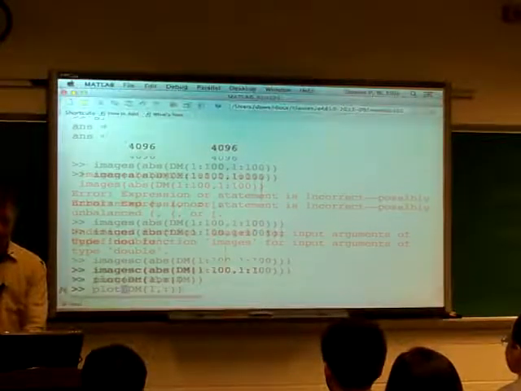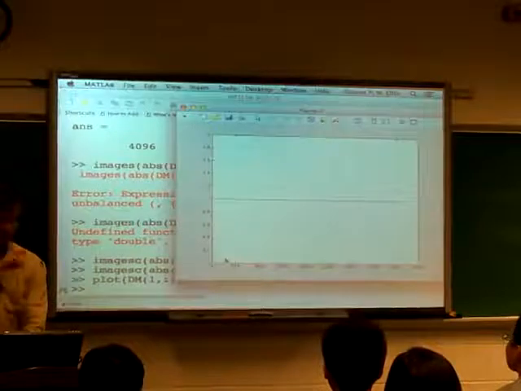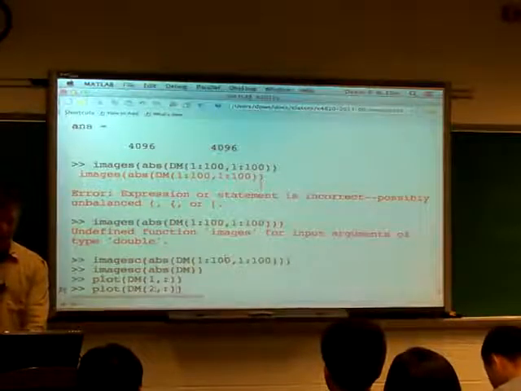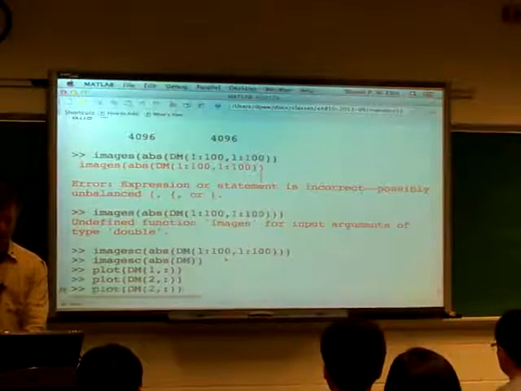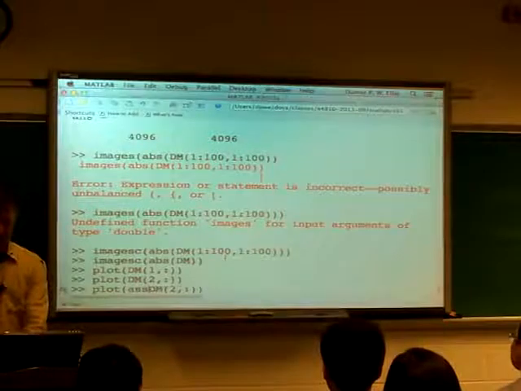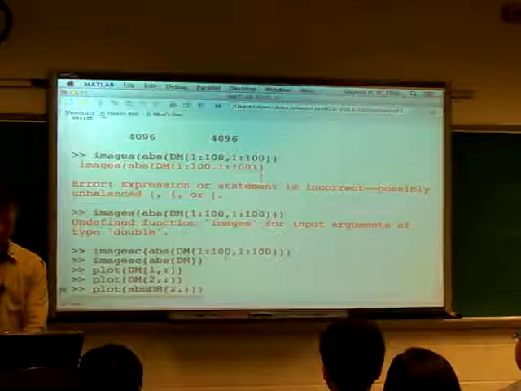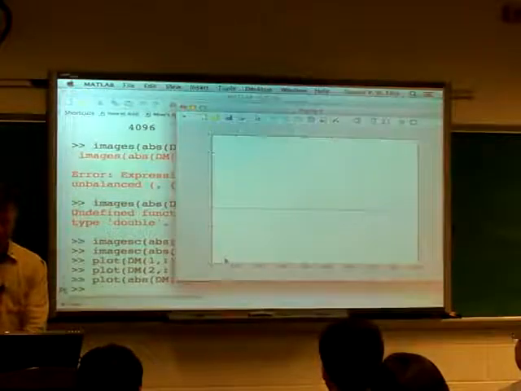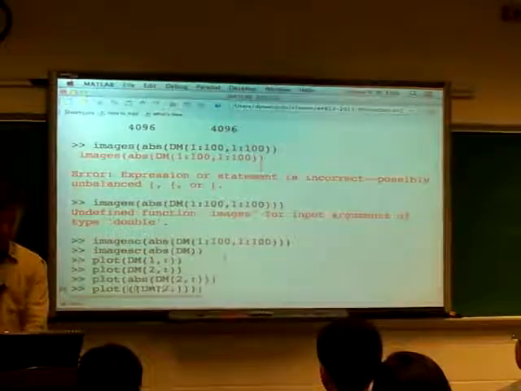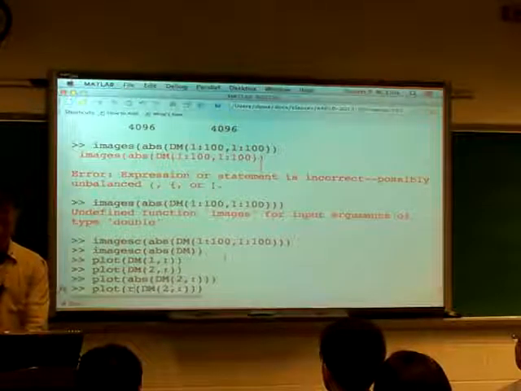If I plot the first row, it's just constant, right? The first row is 1, 1, 1, but the second row, I plot the abs of that. Oops. Not the abs, the real part, because the magnitude is just 1. That's why it looked weird.